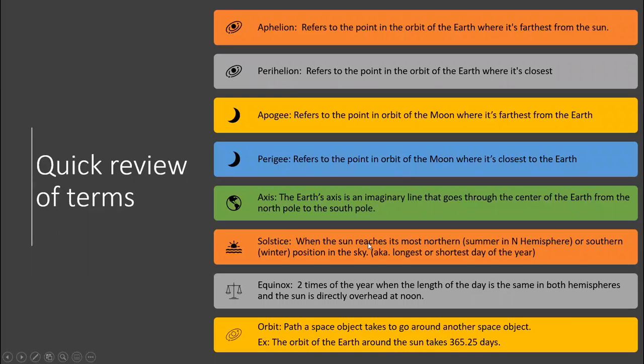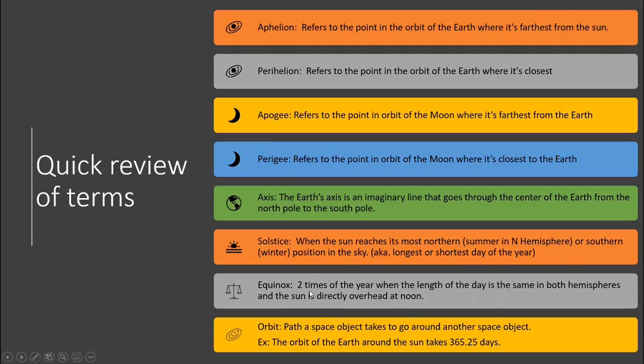Solstice is when the sun reaches the most northern position in the sky for summer in the northern hemisphere, or the southern position for winter. So it's the longest or the shortest day of the year. Usually the longest day for us falls on or around the 21st, 22nd of June, and the shortest would be the 21st, 22nd of December, around that area, depending.